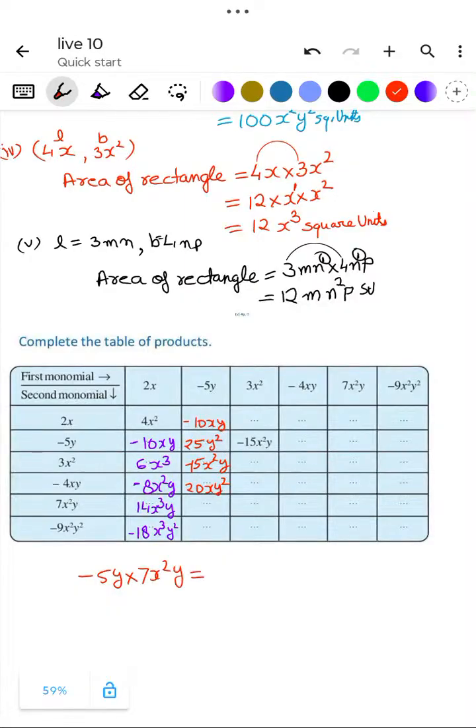So this is equal to minus 35 x square, y to the power 1 is here, 1 is here, so 1 plus 1 is y square. So this is negative 35 x square y square.